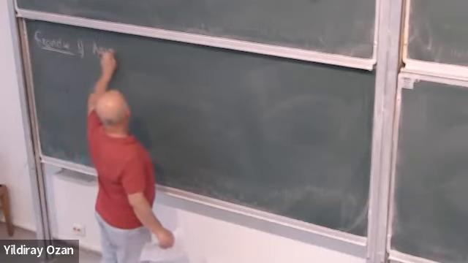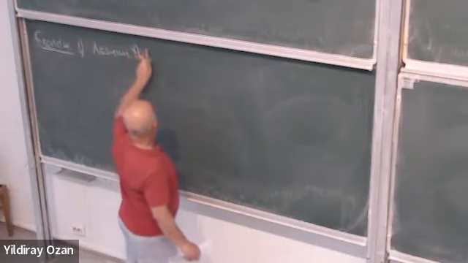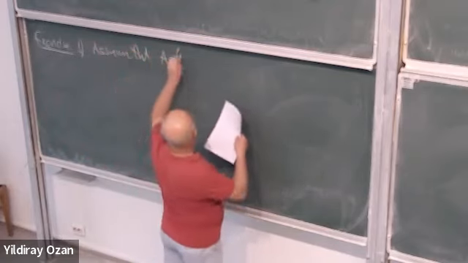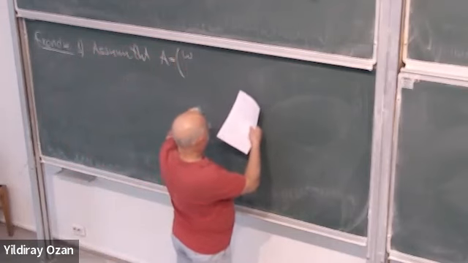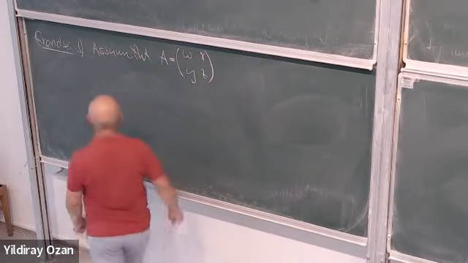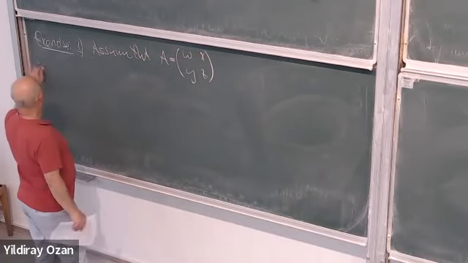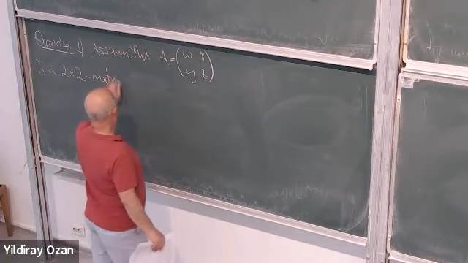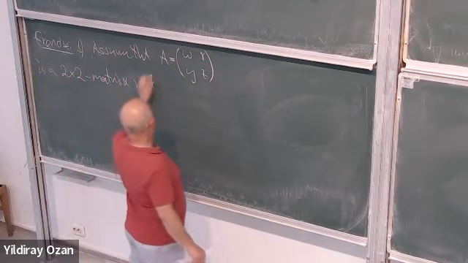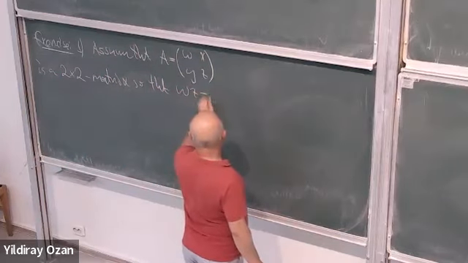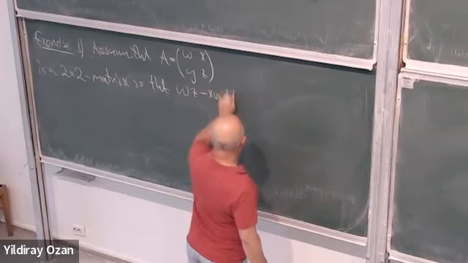Assume that A is this 2 by 2 matrix W, X, Y, Z, so that WZ minus XY is not 0.